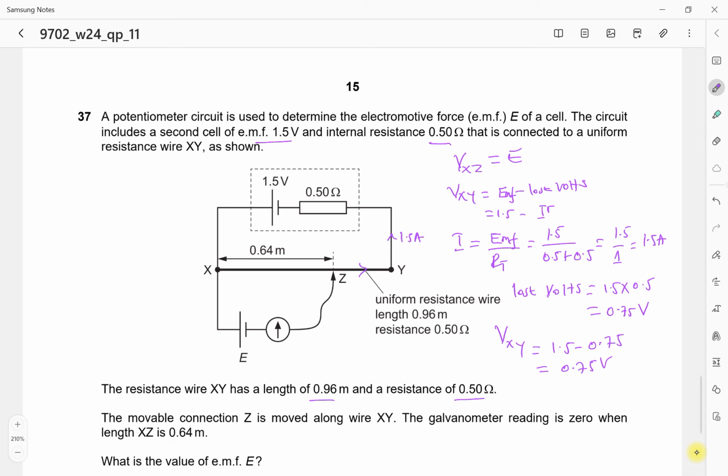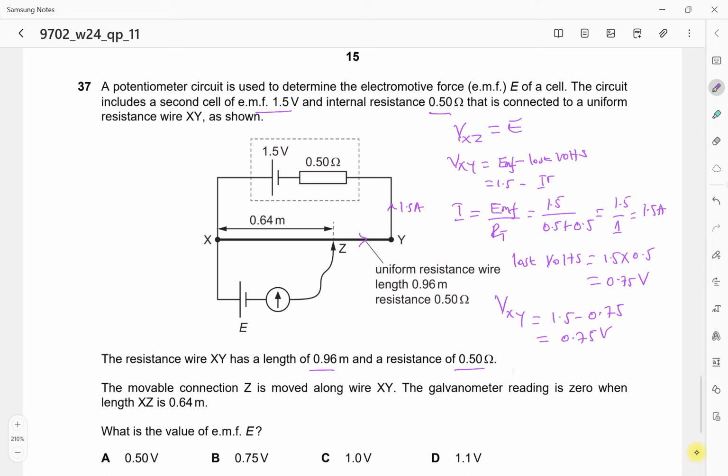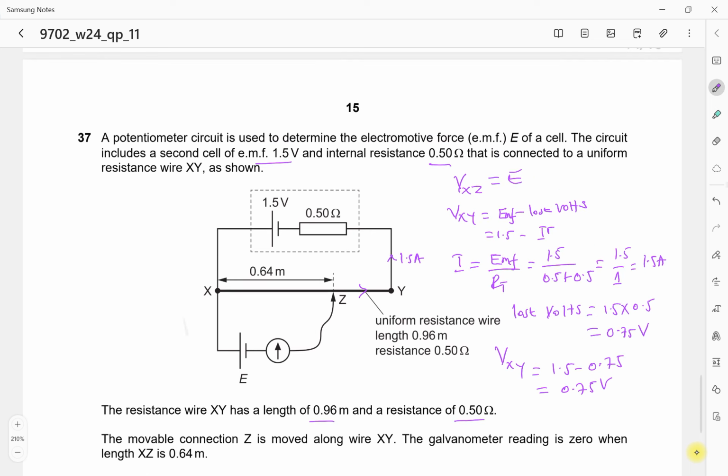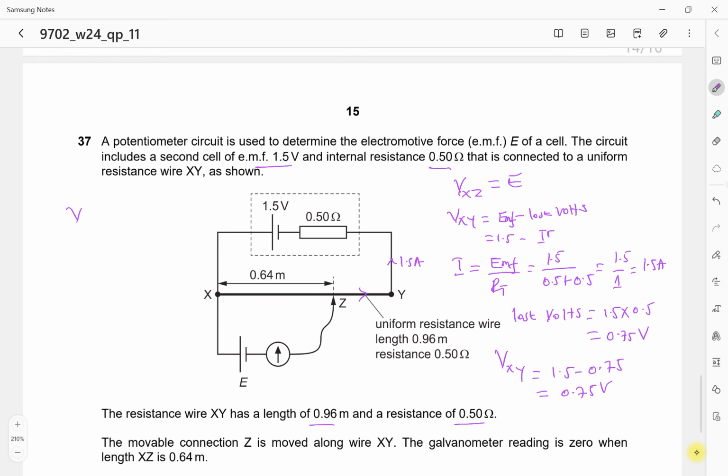So the PD across XZ can now be found. Now that I know the PD across XY, the ratio of PD across XZ over PD across XY is directly proportional to the length. The balance length was 0.64 meters divided by 0.96 meters.